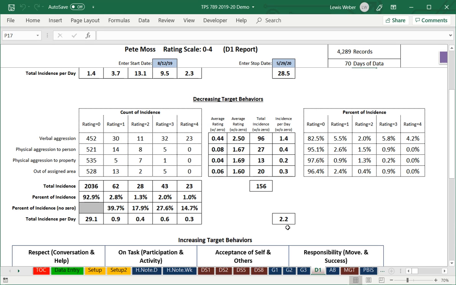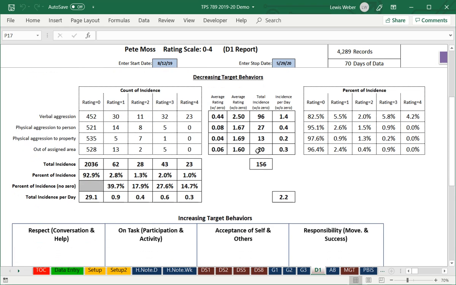So that means, on the average, 2 recording blocks would be occurring with all of these 4 target behaviors. Now that average is not the most useful average because it's a total of averages here. More useful is what the incidence per day is for each individual target behavior. That's here just for completeness. It's really these numbers that we want to see here.